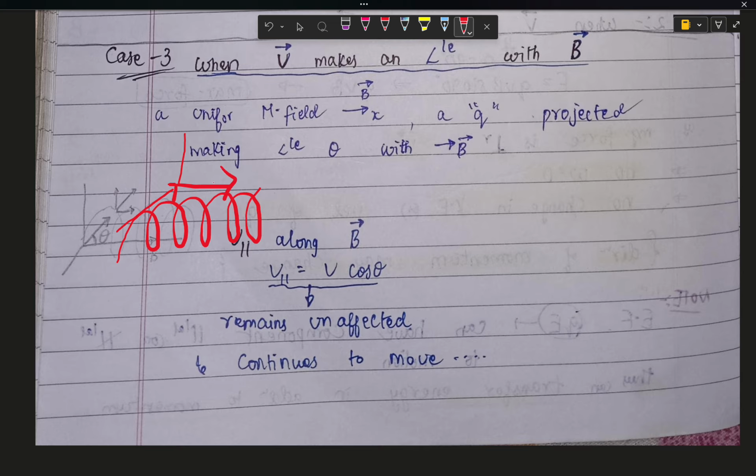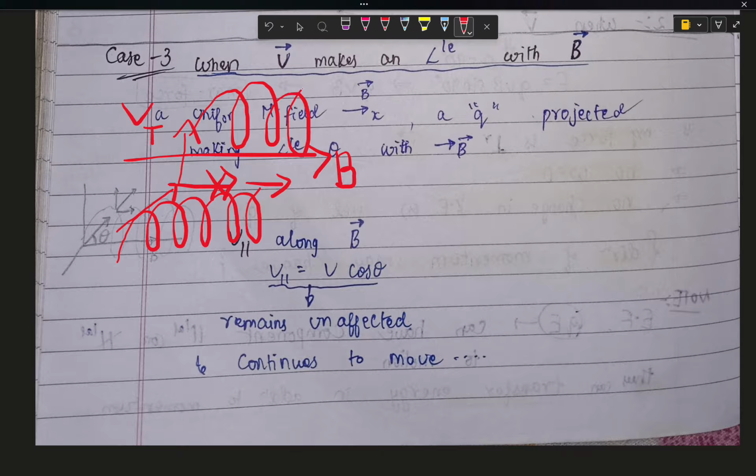This parallel component remains unaffected because it is parallel to the magnetic field. But this velocity v perpendicular is perpendicular to the magnetic field. Magnetic field is in this direction, right? So continuously there is some magnetic force acting, so it continuously gets deflected like this. So eventually the charge follows a spiral pattern.